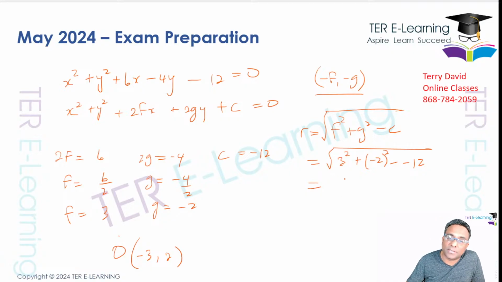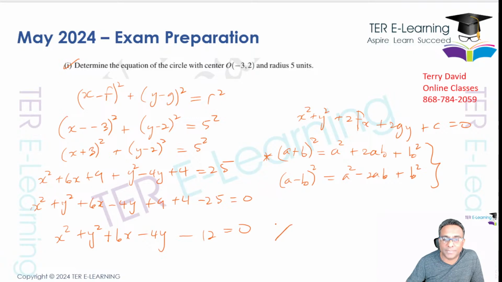We get the same answer. We get the radius as being 5, so we're good. So therefore, I'm certain that this answer here is the correct equation for the circle.